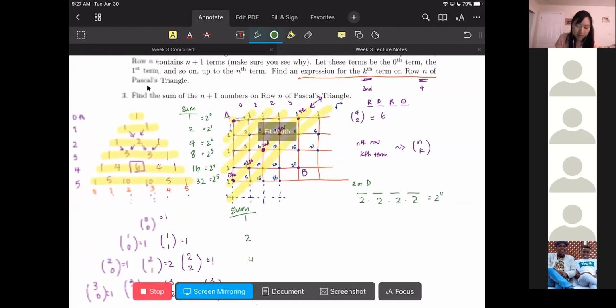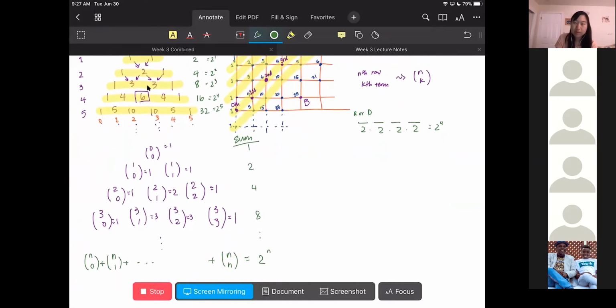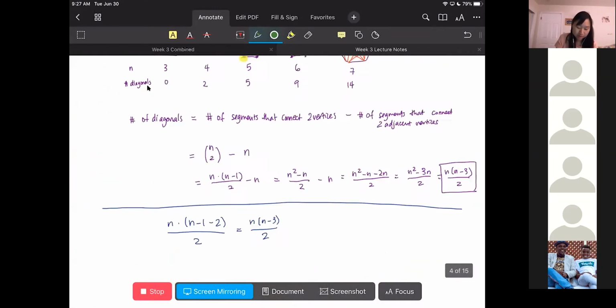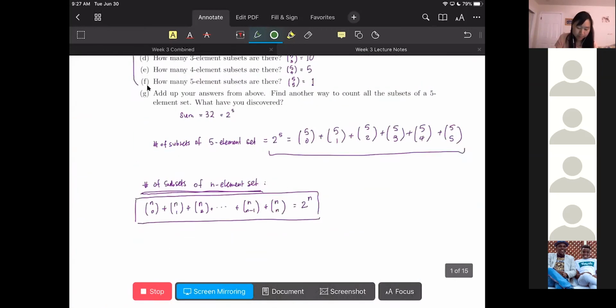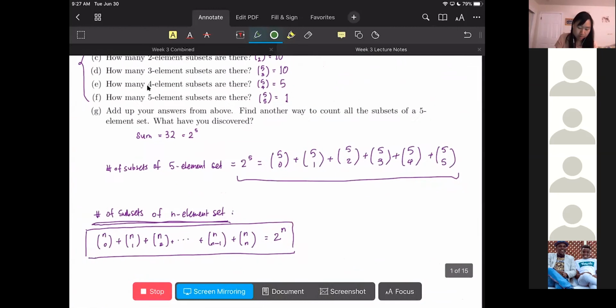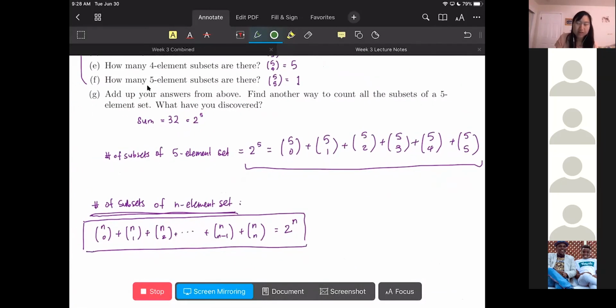Another way is to map this back to what we learned about subsets. Remember, we actually derived this earlier. I'll scroll back to that, which was here. We counted the number of subsets and we found this identity. So we hopefully see that this is just another way to think about the number of subsets.